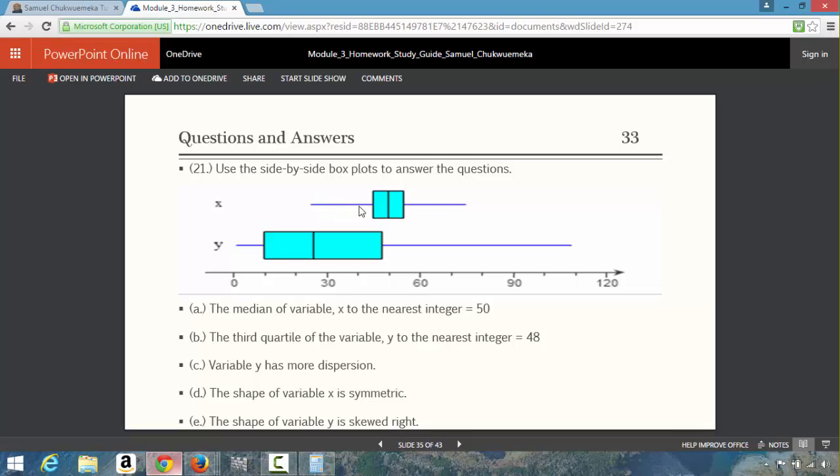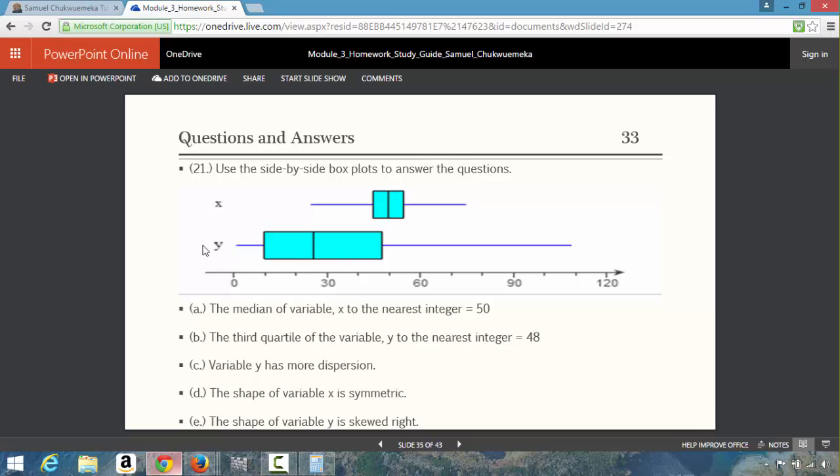Also, the whiskers are almost the same. And the distance from the median to the minimum point is also approximately equal to the distance from the median to the maximum point. So we say it's symmetric.